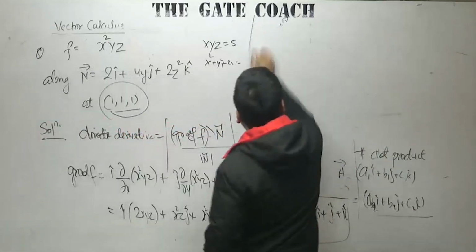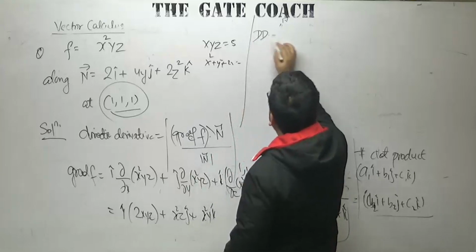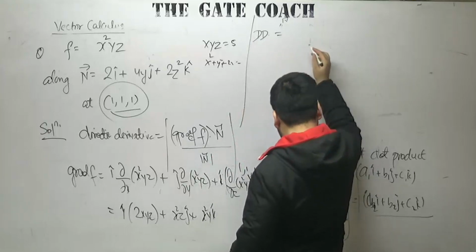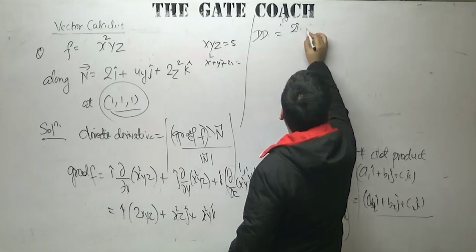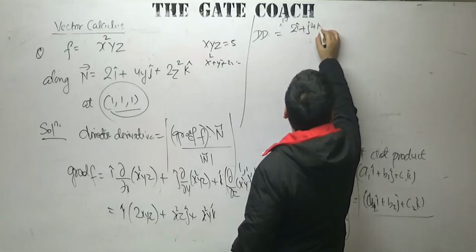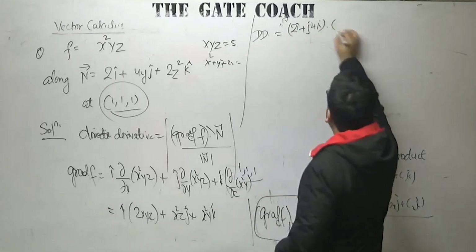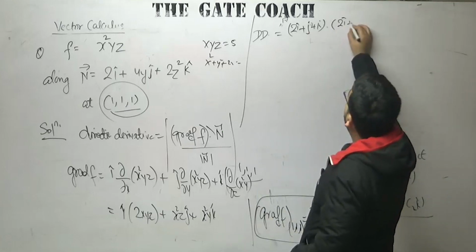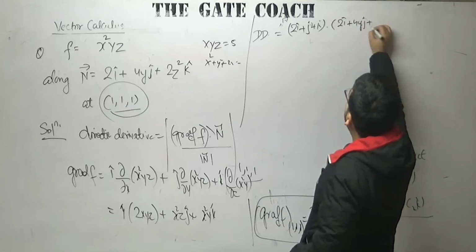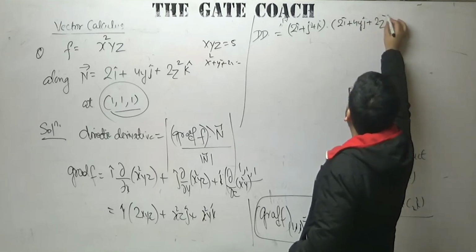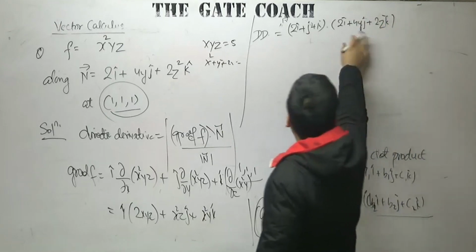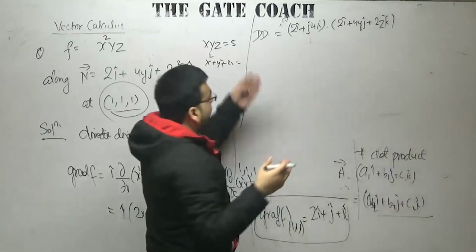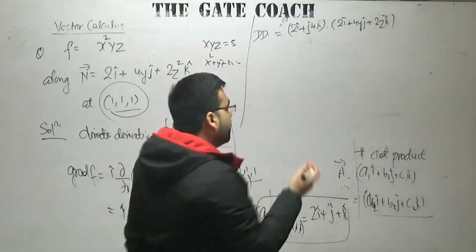Now, the directional derivative will be equal to grad f, which is 2i cap plus j cap plus k cap, dot n vector, which is 2i cap plus 4y j cap plus 2z square k cap. You can directly put the value of 1 1 1 here, or after multiplying also you can put the value.